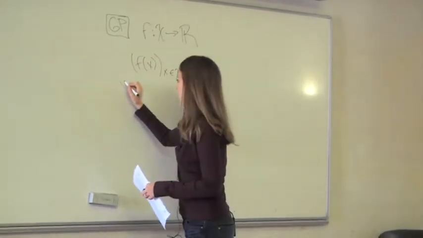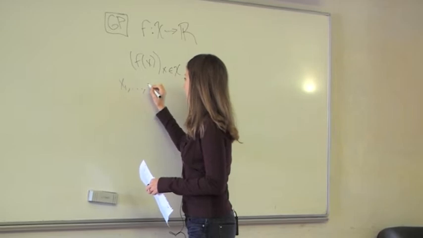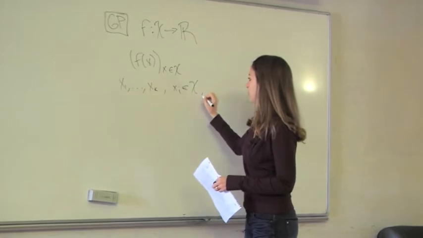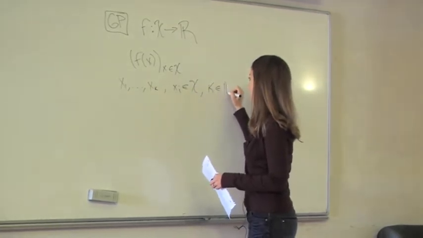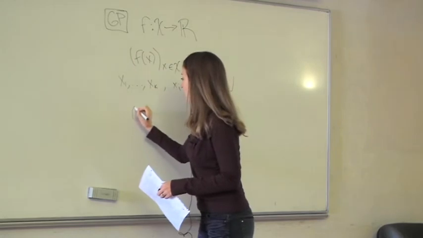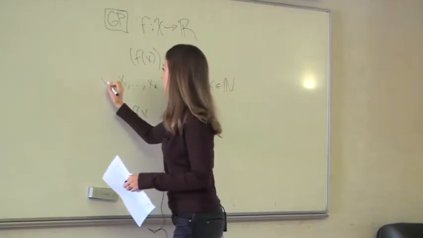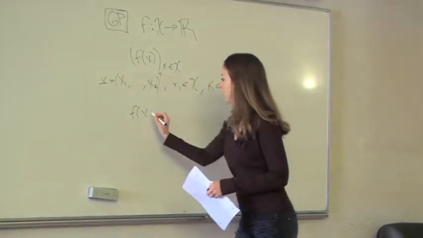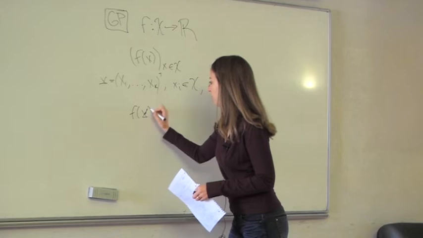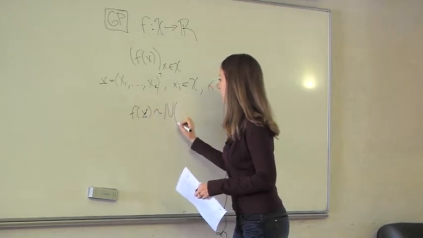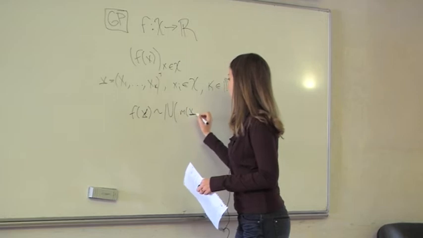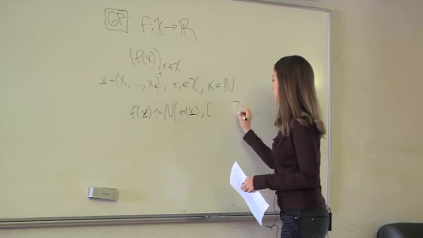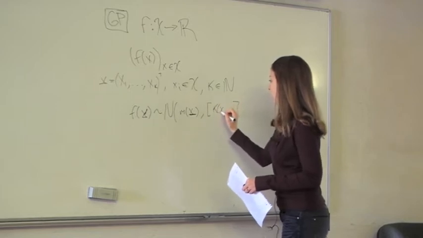And we say that if we take any finite subset, so if we take any x1, ..., xk, for xi in our input space, and any natural number k, then, letting x bar denote this vector, f of x bar has a normal distribution with some mean and variance.